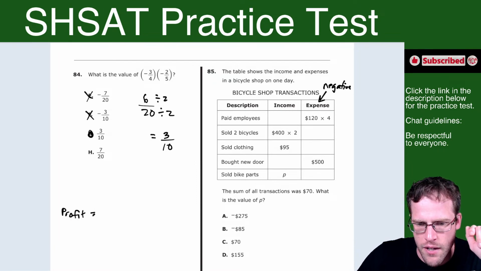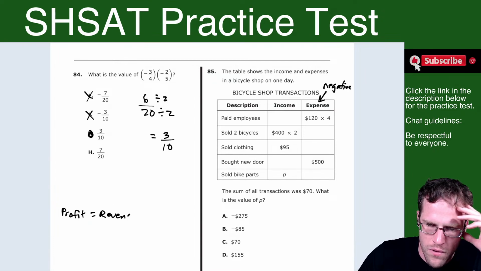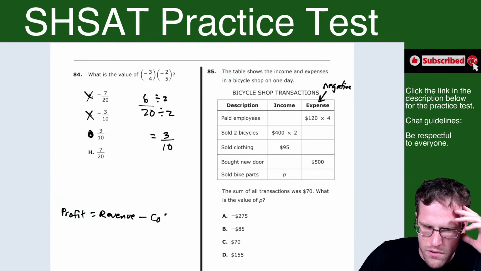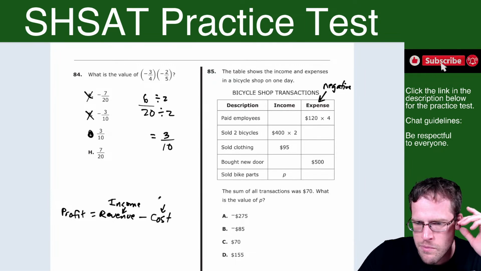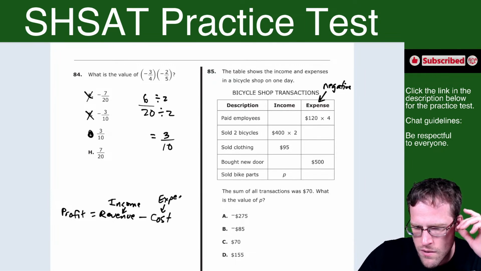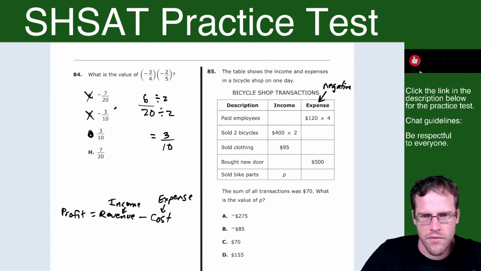This is kind of economics territory: revenue minus cost. Income is the same thing as revenue, and expense is your cost. So we have to treat the expense column as negative.